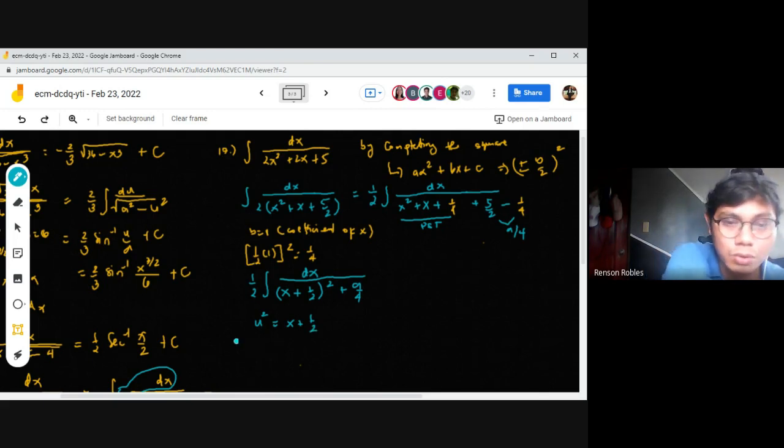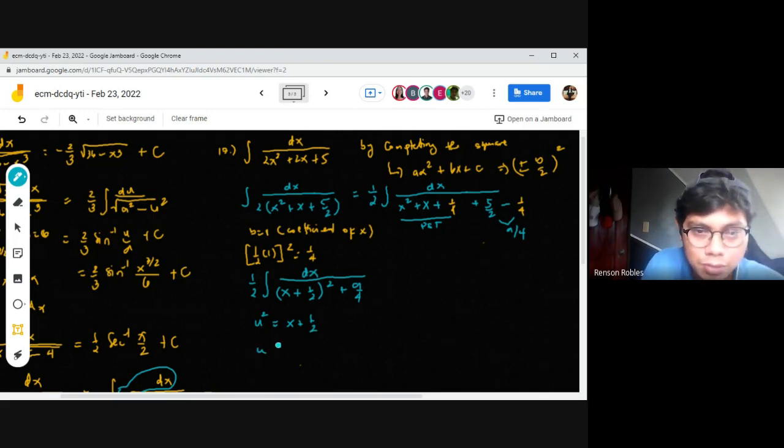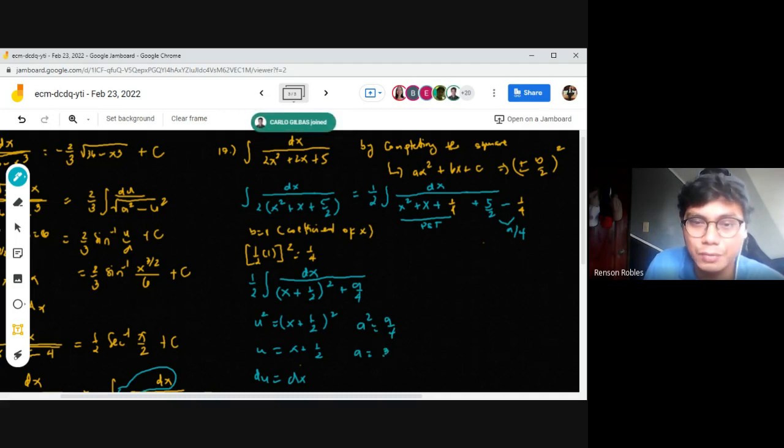Then u square, then u is x plus 1/2. And then du is dx. And then a squared is 9/4. And a is the square root of 9/4. That's 3/2.